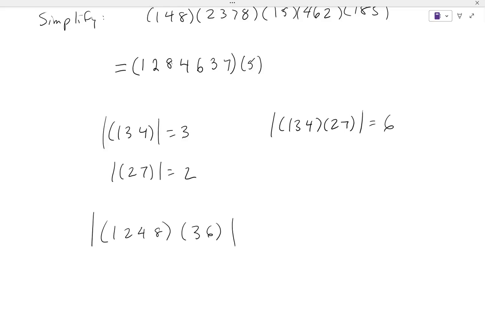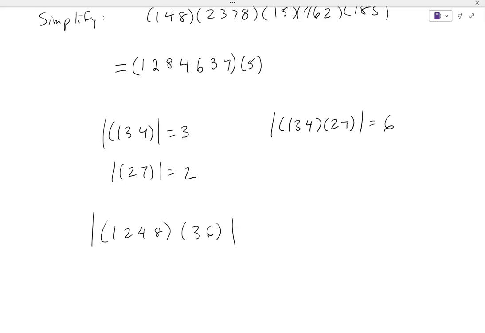Let's do that one first. So again, let's think about it this way. We know they commute. So if I need to do a power of that element, I can distribute the power to each piece since they commute, right?